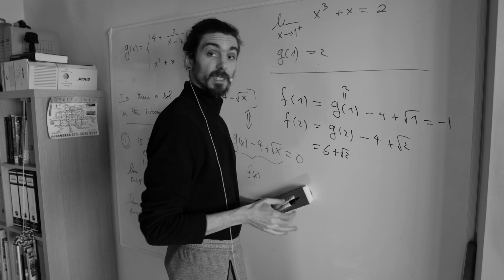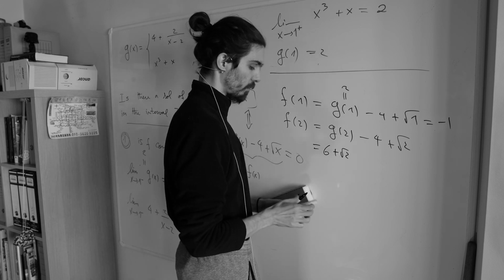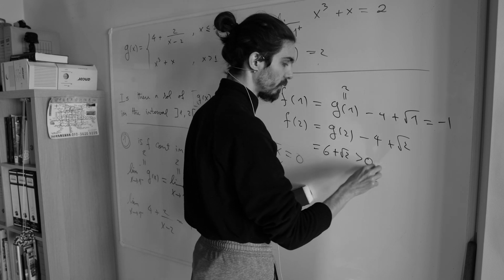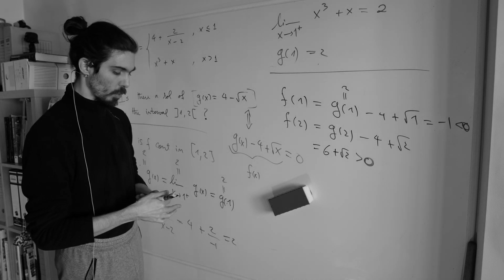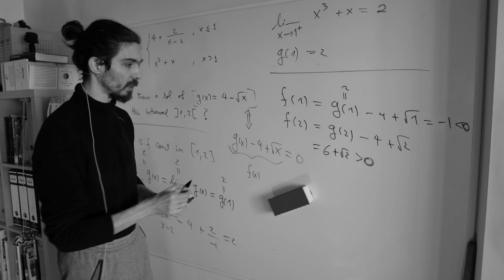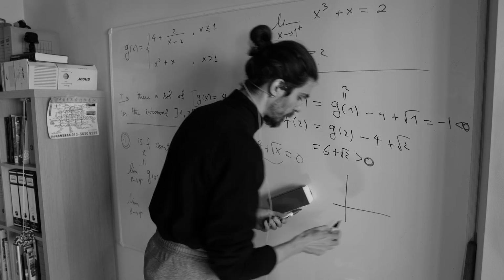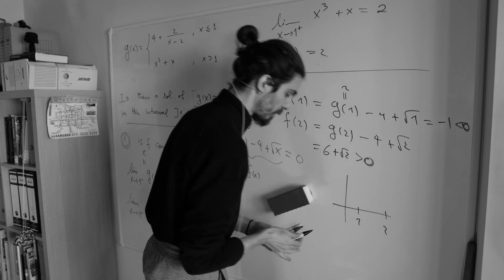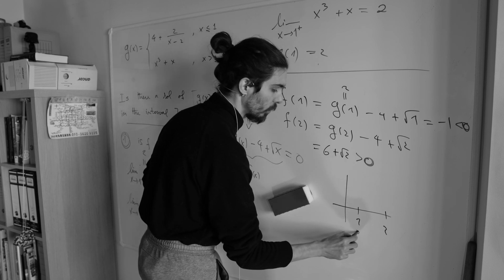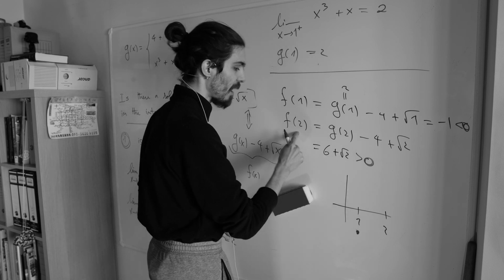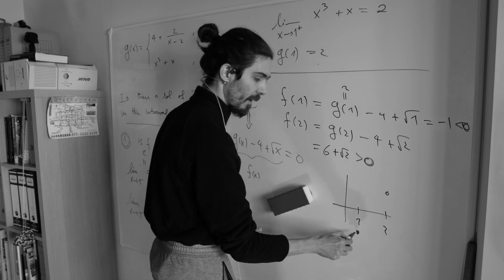Of course, only the sign matters in this case. So this is positive, and this is negative. So you are in a situation like this. This is 1, this is 2. At 1, the image of f is below, and at 2, it's above.